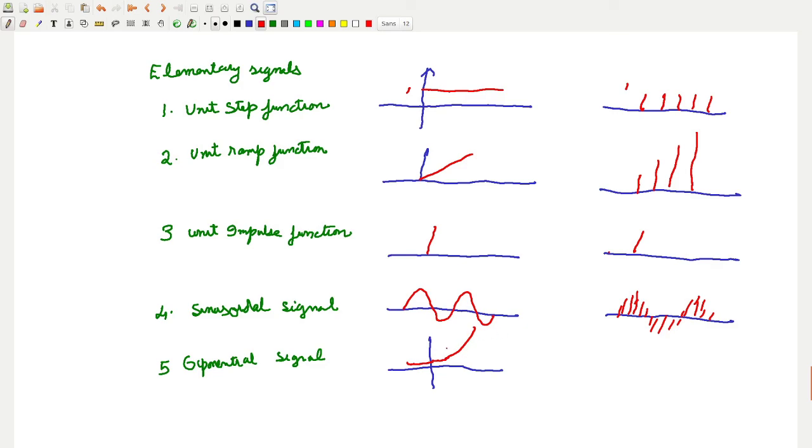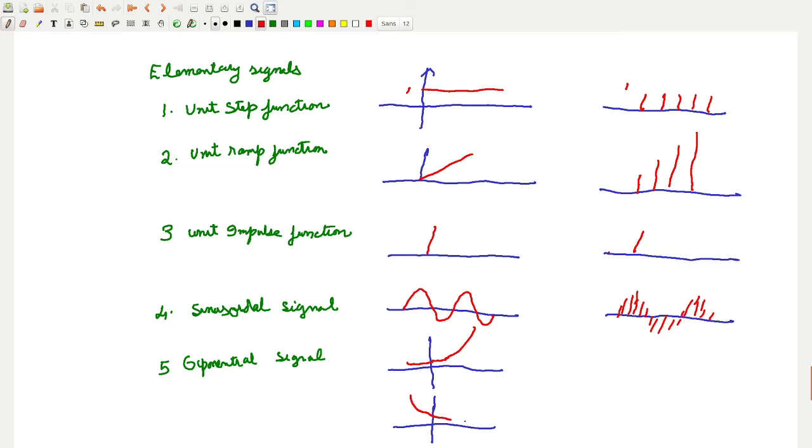If it's decaying, it will be exponentially decaying down. I will draw the decaying also to give you a clear idea. This is also an example of the exponential signal, but it is decaying exponentially.